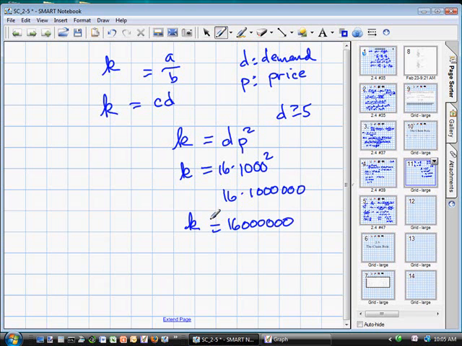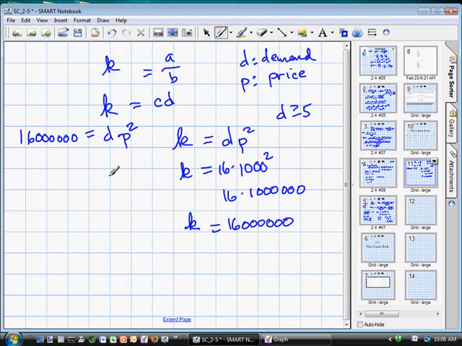Okay. Find the demand function. So I'd go back here: 16 million equals demand times price squared. And what did they want to call X again?